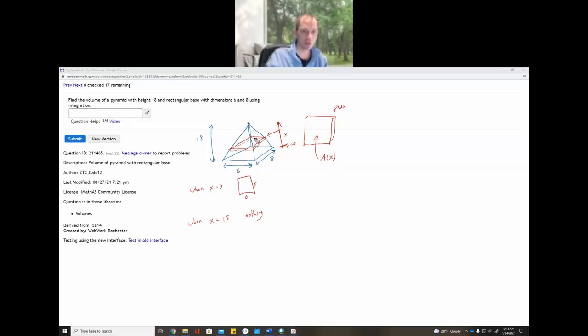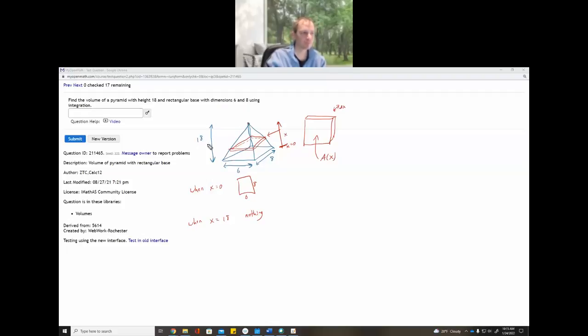So how do I get a slice in between? Well, I know that these are lines. It's going linearly up, right? The width and length of my sides are decreasing linearly from 6 and 8 to 0 as x goes from 0 to 18.